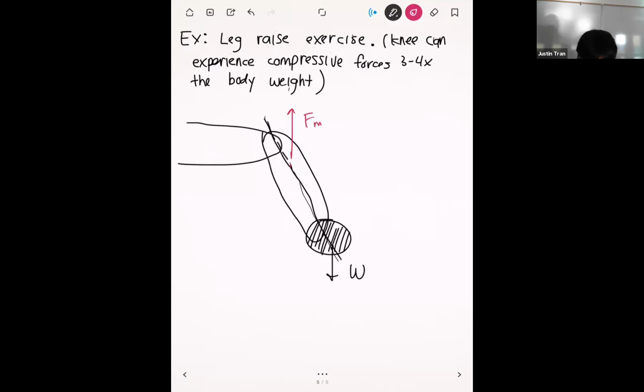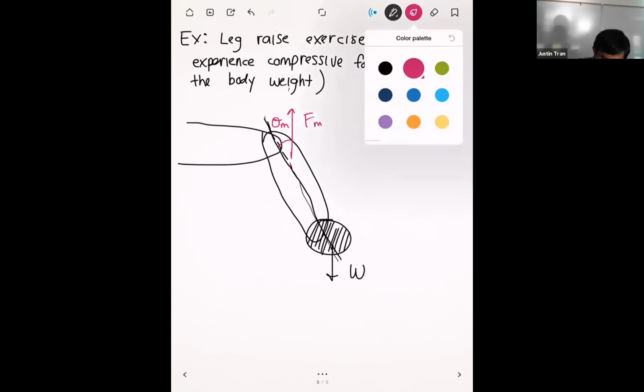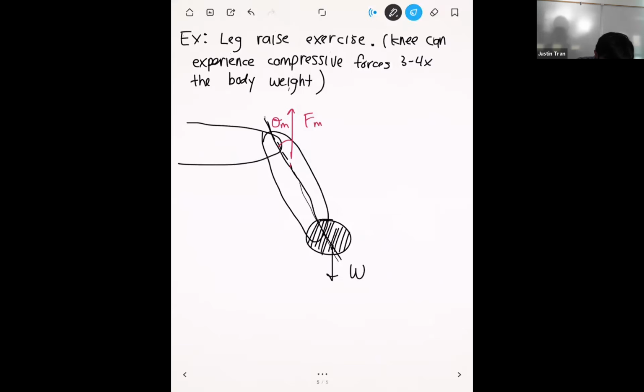Okay. And let's say that we have an angle here, theta m, okay? And this theta m is measured with respect to the leg itself. And then the lower leg with respect to the horizontal has some angle theta, okay?